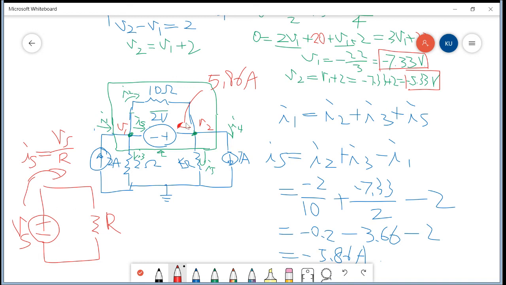But here for this case it's going inside because these two are stronger than that one. Then actually this voltage source consumes power rather than providing power. Okay, so let's have a break here.